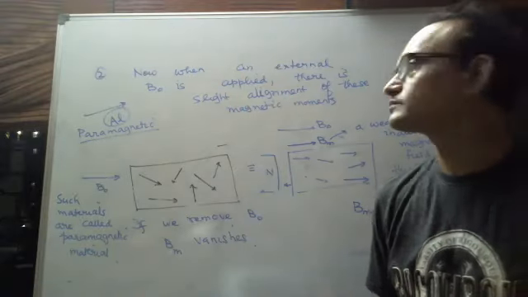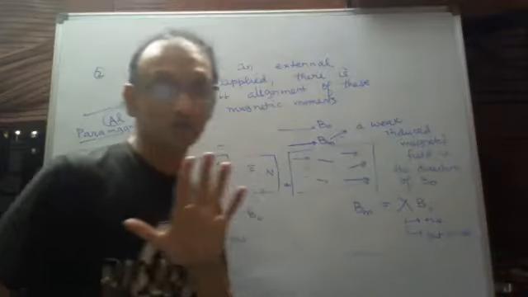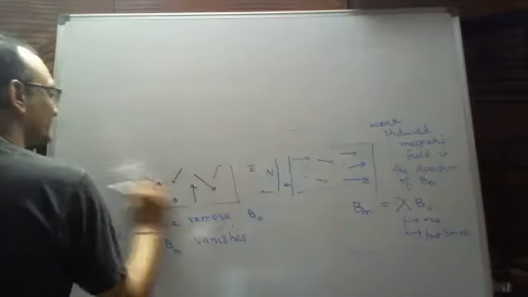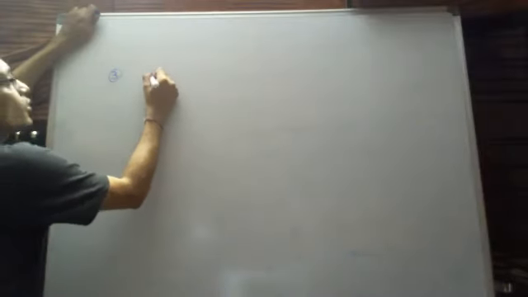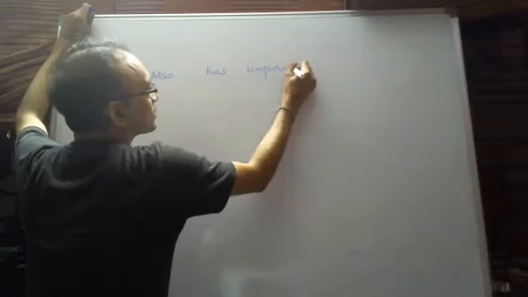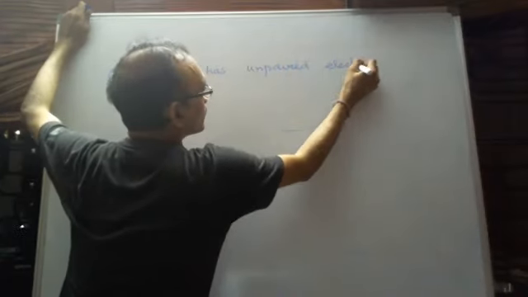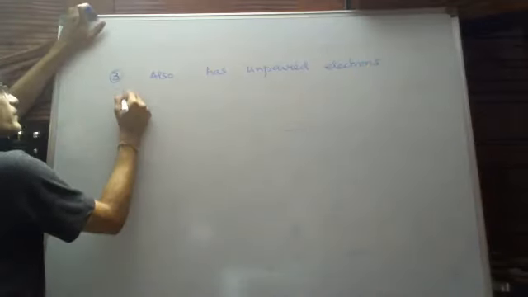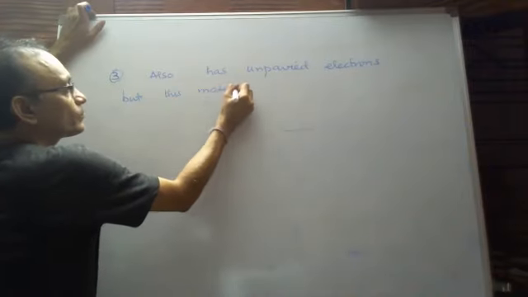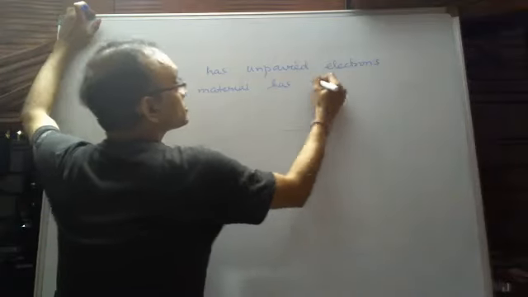Third kind of material, the last for the day. This third kind also has unpaired electrons, but this material has a special property.